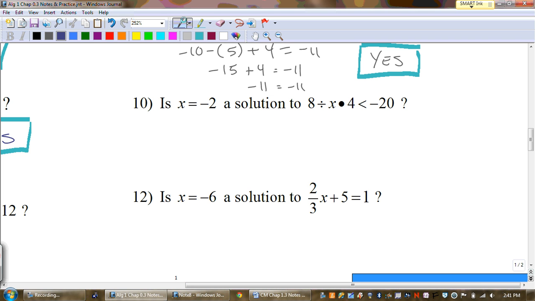Okay, 10. Go ahead and let's plug everything in. X divided by negative 2 times 4 less than negative 20. Okay, order of operations first, we need to divide.